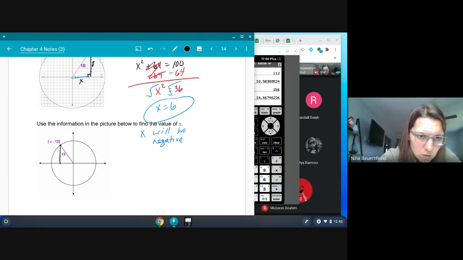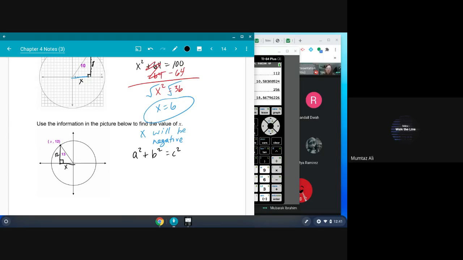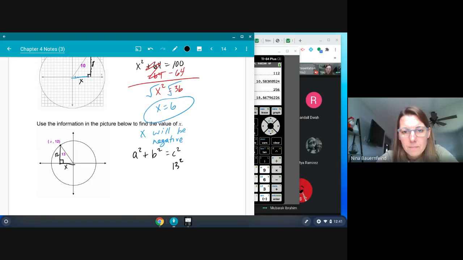So this is 12, and this is our x distance. Which one is our hypotenuse, our C? 13. Got it. And then these ones, same thing, doesn't matter which order you go in. 12 squared is 144. 13 squared is 169.